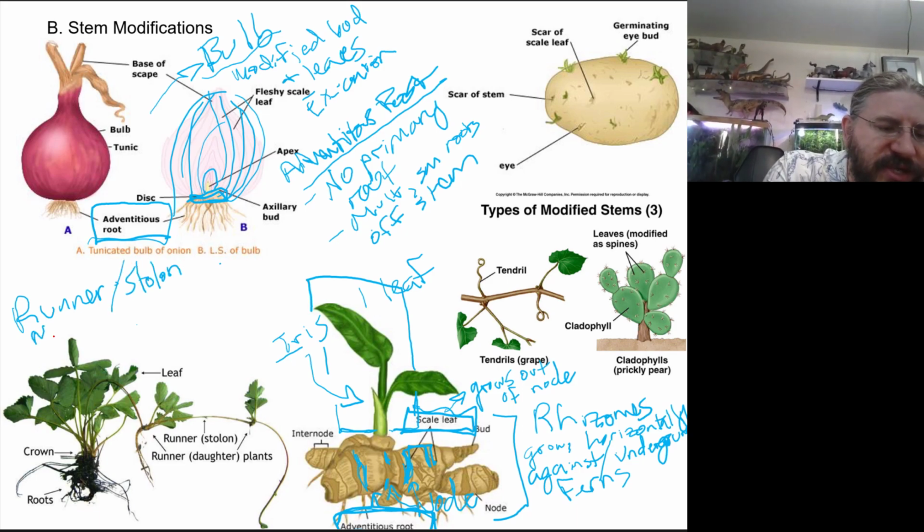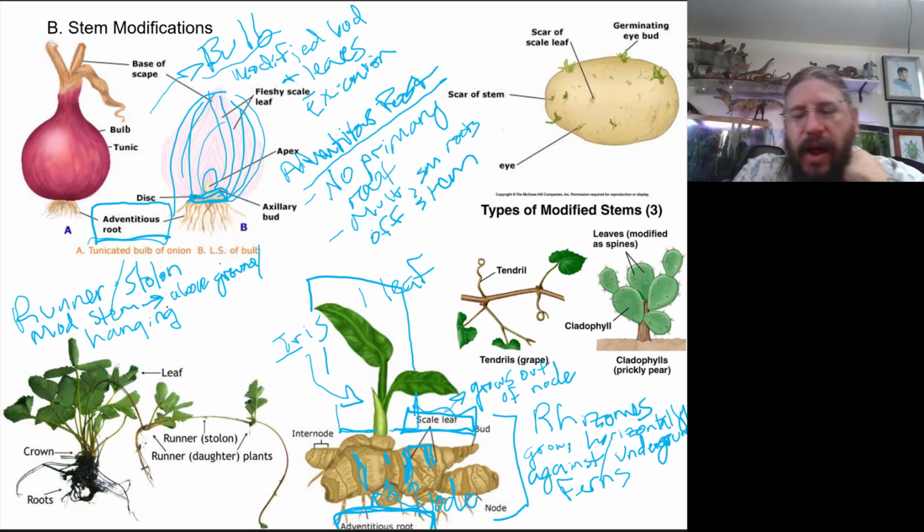It's a modified stem, but it is fully above ground or even hanging. Right? So for plants growing on vertical surfaces, their runners can just be hanging out in the air.